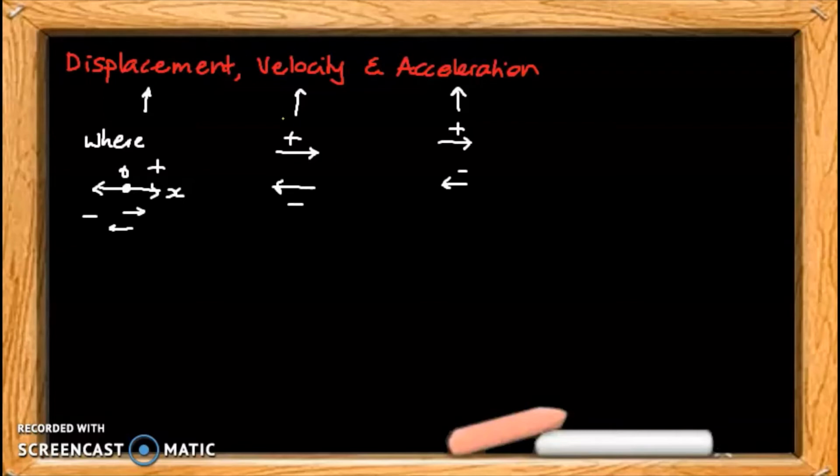So what that means is if velocity is how much something changes its position, then we could actually use calculus to consider that velocity is the change in position with the change in time, and that's velocity.